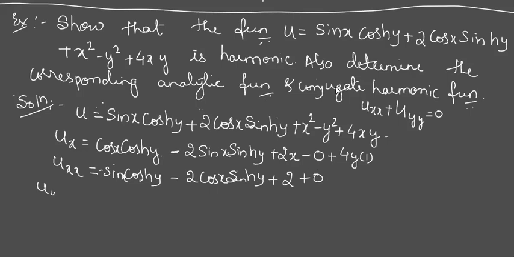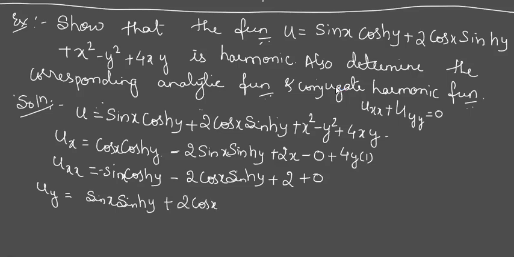Let us do with respect to y now. Take this u and do it with respect to y. So sin x as it is. What is the derivative of cos hyperbolic y? For hyperbolic functions, as I have told, it only changes sine to cos, cos to sin, no change of sign. Cos becomes sine hyperbolic.